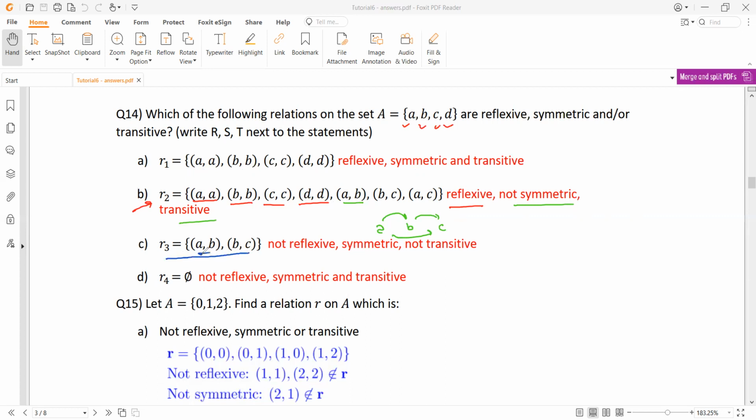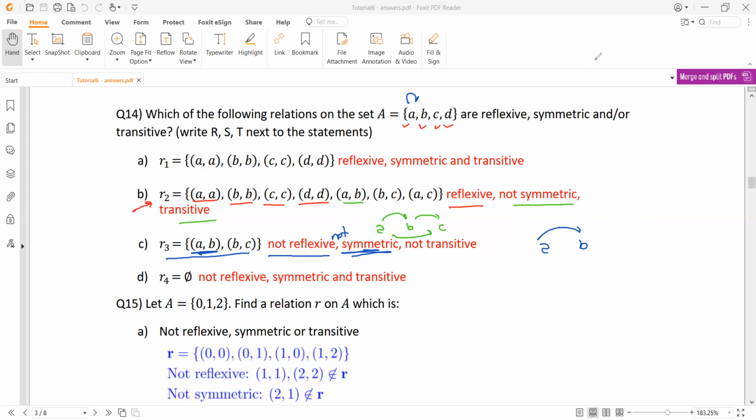Here I have A goes to B, B goes to C. I don't have A to itself, or B to itself, or C to itself, or D to itself. So it's fair enough to say this is not reflexive. And if I have A to B, do I have B to A? No. So it's not symmetric. Sorry, this is a mistake.